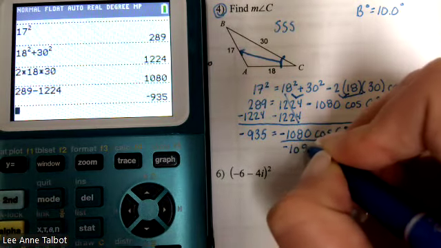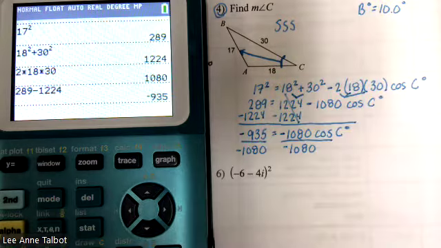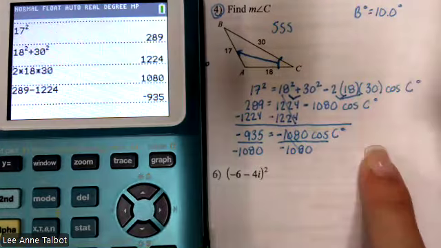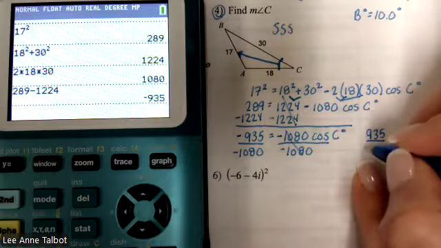Now divide. And when I come over here, I'm just going to make these positive because there's two negatives that make a positive.